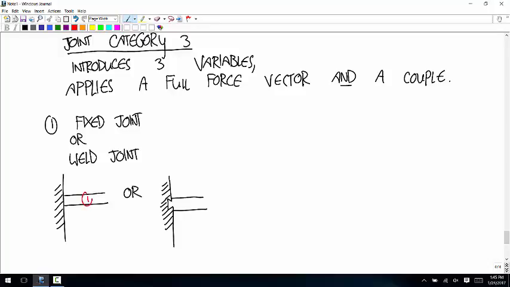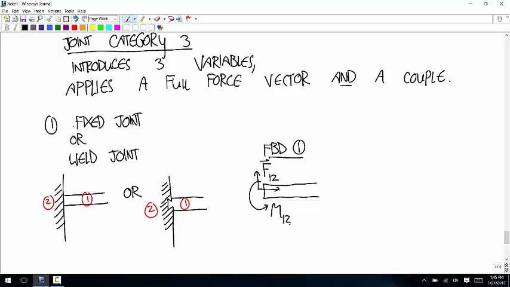If this is body 1 and this is body 2, a free body diagram of 1 has the force on 1 by 2 and a couple on 1 by 2.